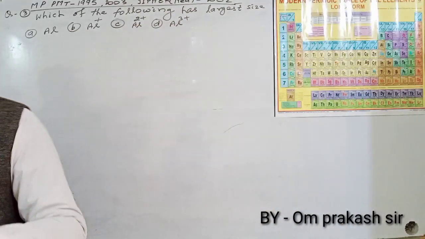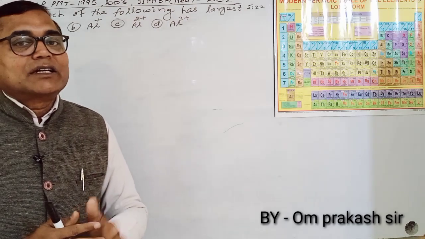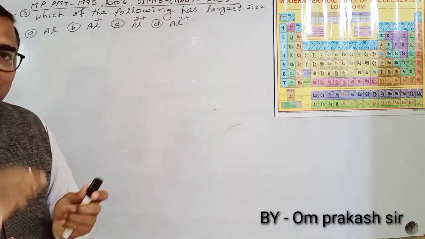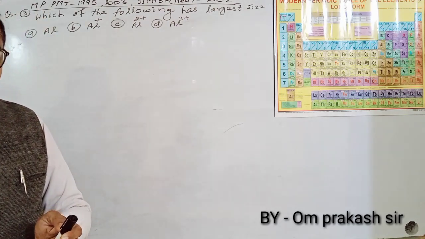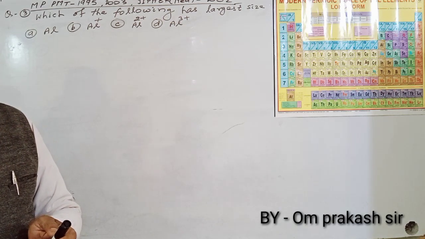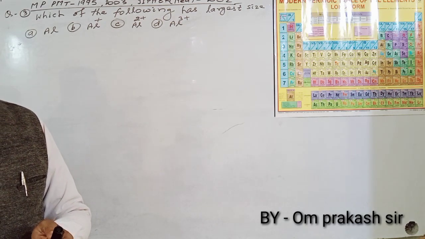In case of cations, as positive charge increases, ionic radius or size of cation decreases.